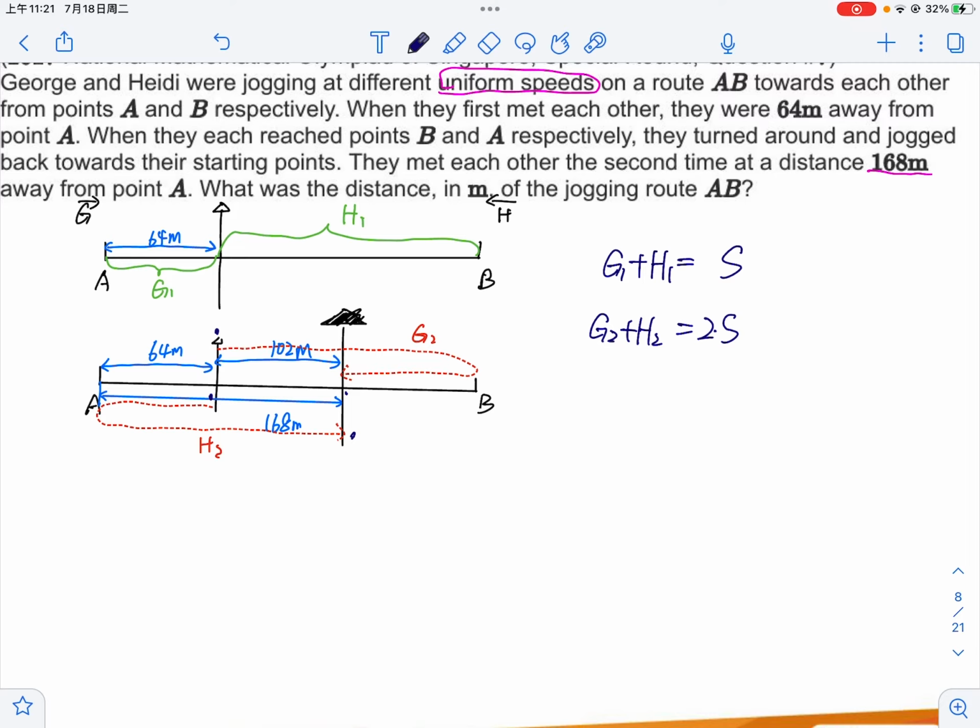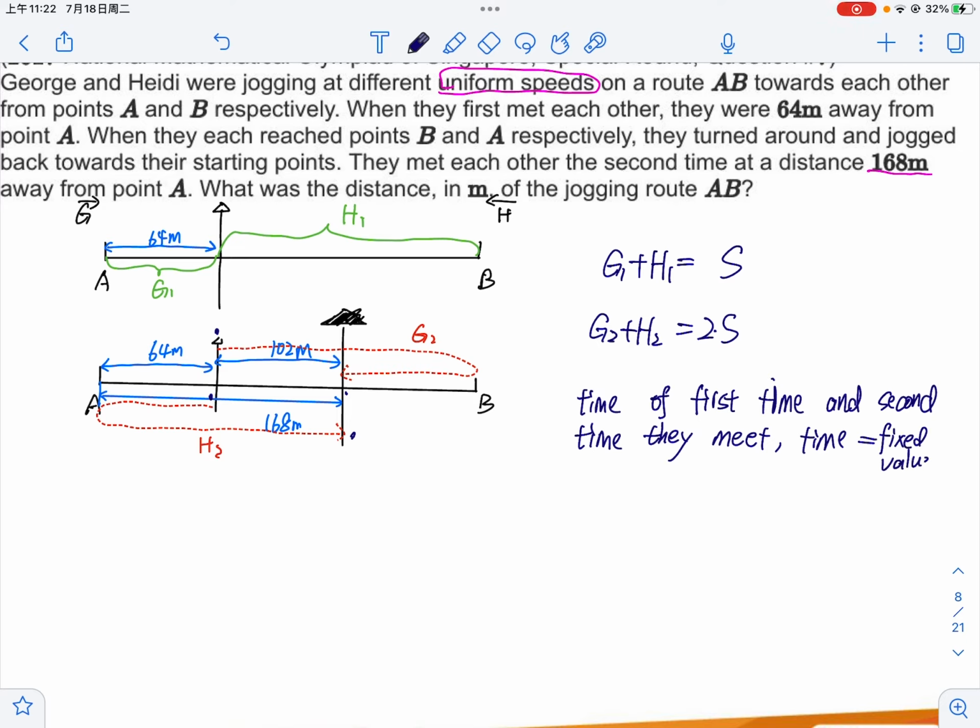And you may find that the time of the first time they meet and the second time they meet never changed, right? Which means these two should be the same, and the time G runs and the time H runs is a fixed value, never changed. And what's not changed?